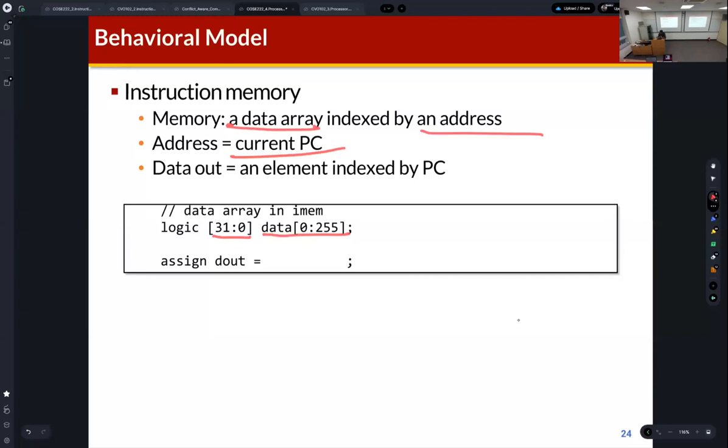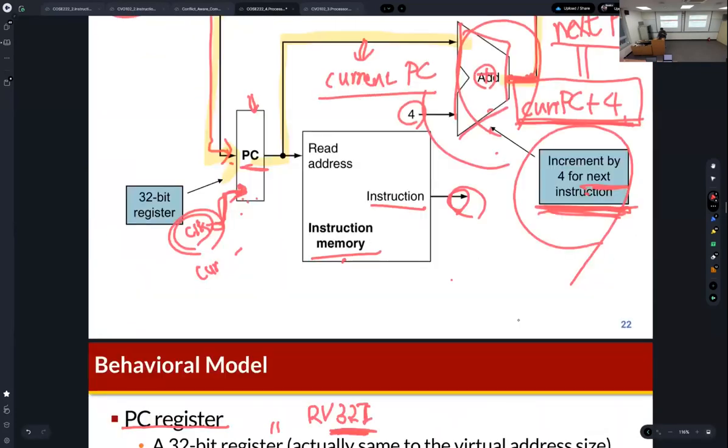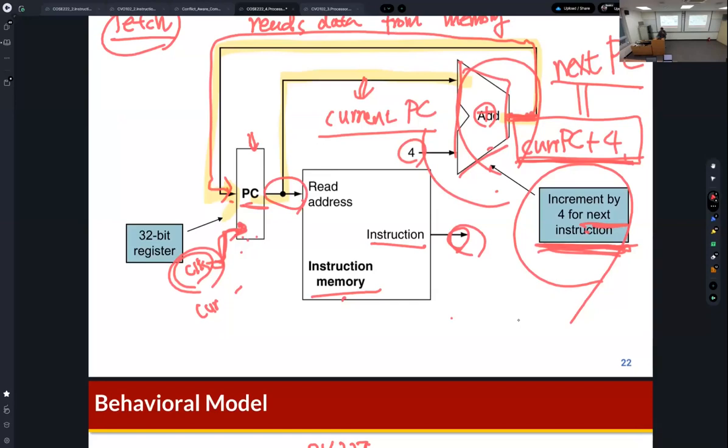This memory has 256 elements. Then what is the data out? The output is the data indexed by the address. So what is the address? The address is the PC value.